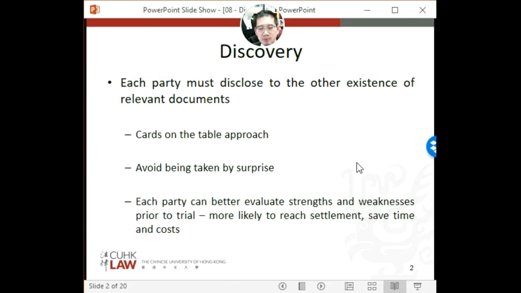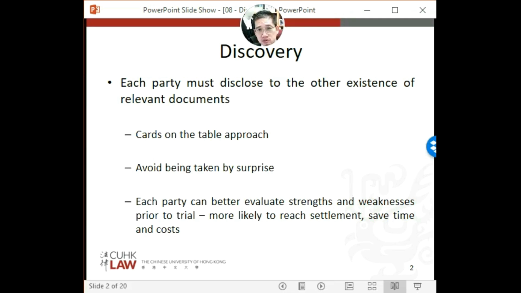Both sides have to adopt a cards-on-the-table approach. It's like playing poker, but your cards are on the table. So both sides clearly know what the other side has in terms of evidence and documents. It avoids the parties being taken by surprise. Each party can better evaluate the strengths and weaknesses of the case before trial. Why is that?